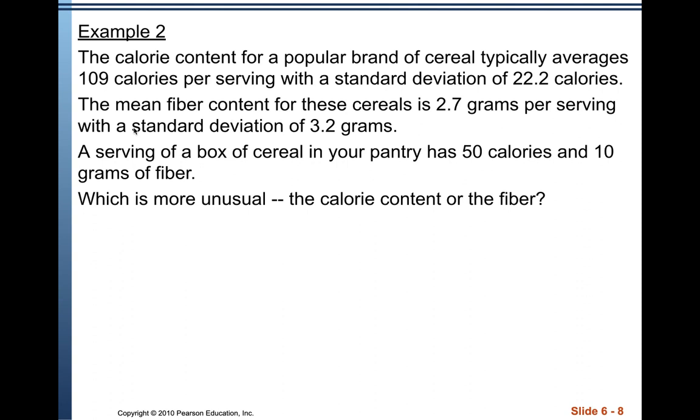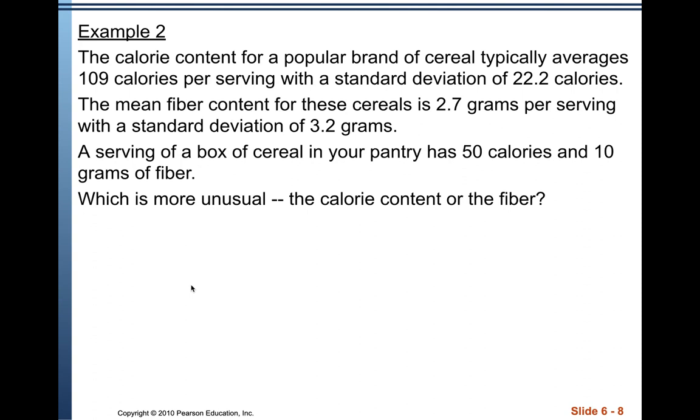Our second set of data has to do with the fiber content, and again, we have the mean and the standard deviation for that. So two totally different sets of data with their own mean and their own standard deviation.